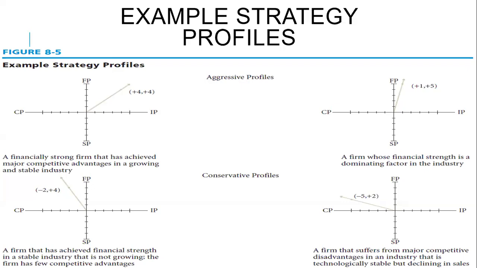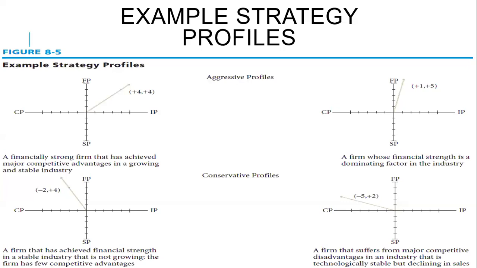So if it is falling within the first quadrant of the Cartesian plane, where we have the +4, then it means you have to pursue an aggressive strategy. But if it is falling at the fourth quadrant, which is where we have the -2, +1 or -5, +2, then you can pursue a conservative strategy.